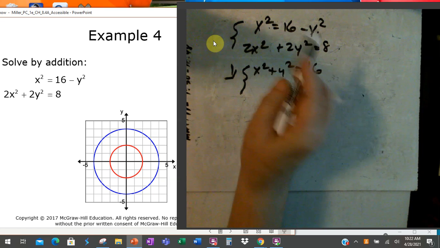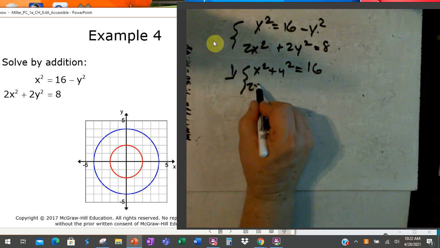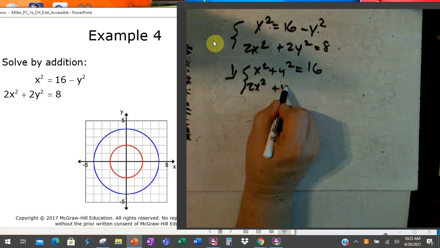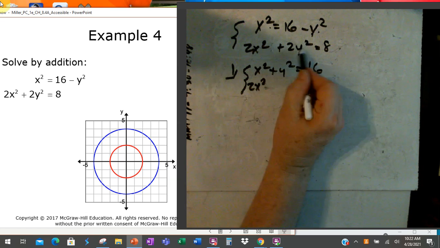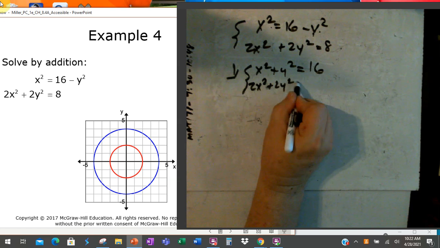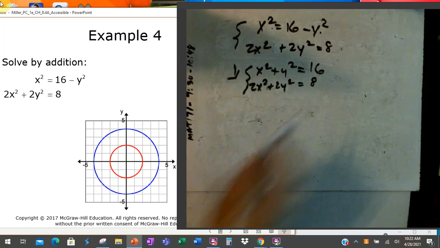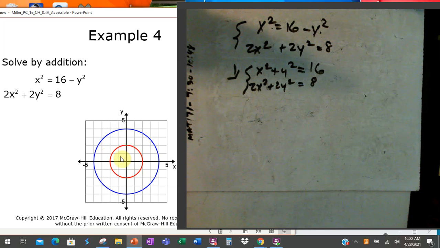And then I've got 2x squared plus 2y squared from this one is equal to 8. Okay, now look at the bottom. If I graphed out these two, I don't see any intersections. So I'm expecting no solutions out of this, but let's see how we go about getting this, okay?